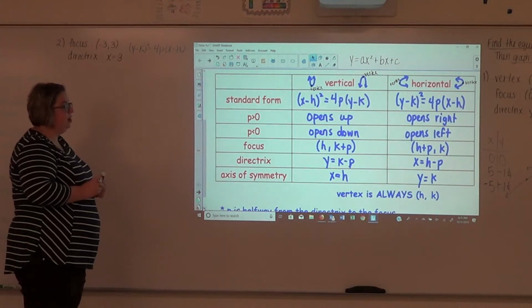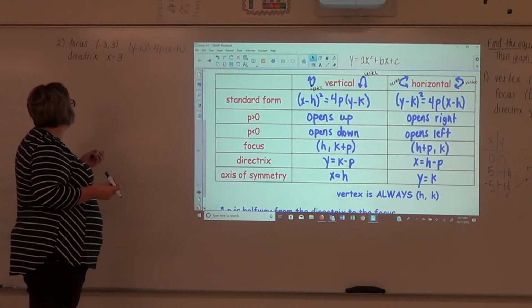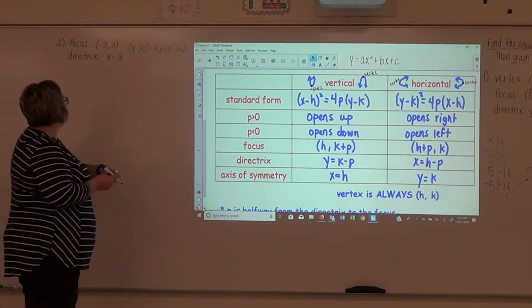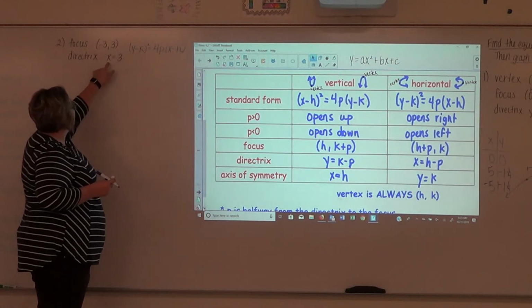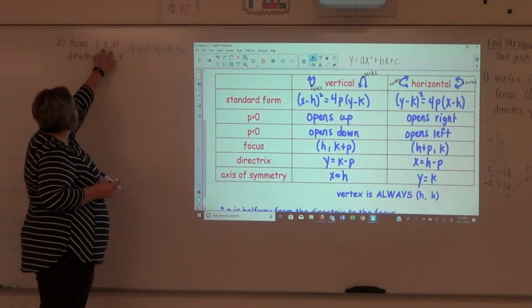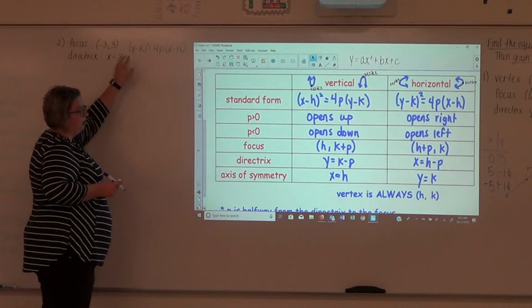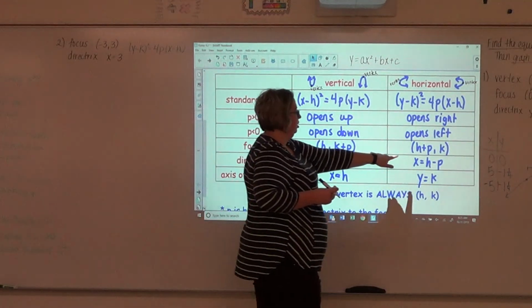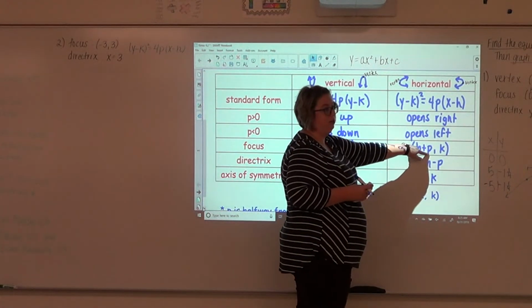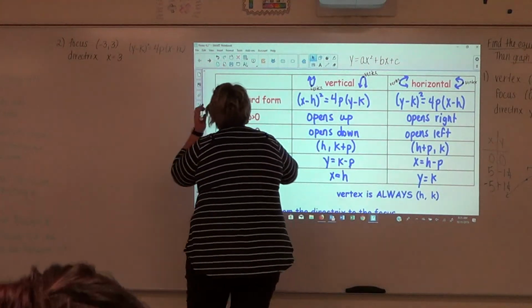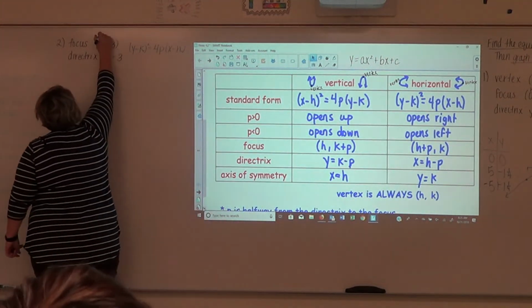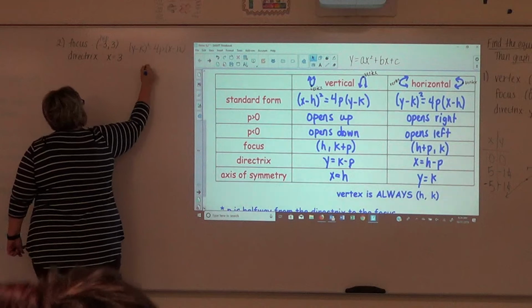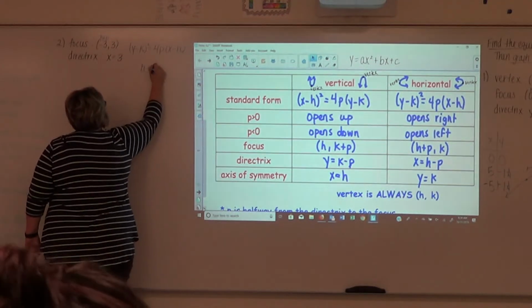Okay, now I'm not given the vertex, so I don't know h and k already. So now I want to label, what do all these things mean? Okay, so if I look at my focus, I go to my chart, the first point is h plus p. So I know that h plus p equals -3.